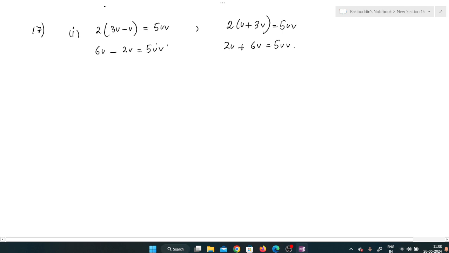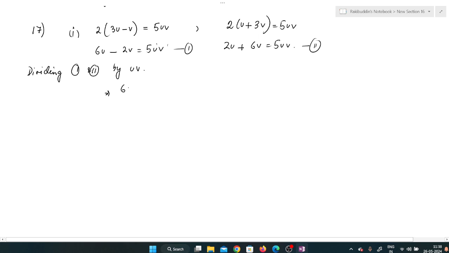So how can we do that? We can bring this uv to the other side, and divide the entire equations, keep it as 1, keep it as 2, dividing 1 and 2 by uv.